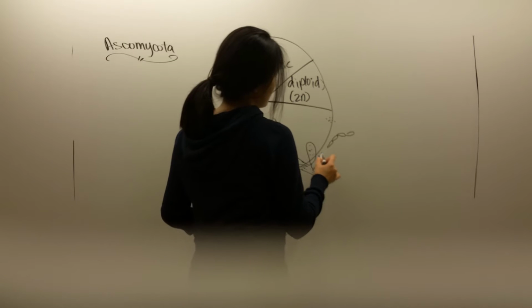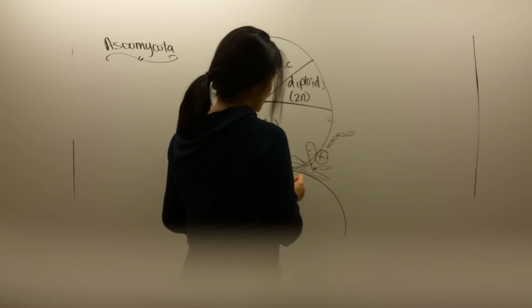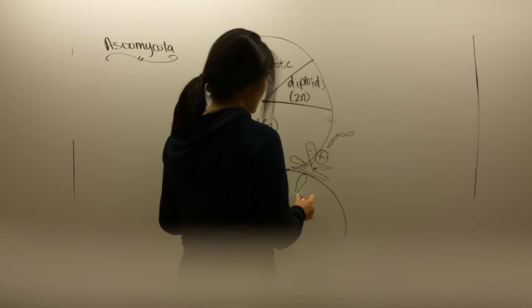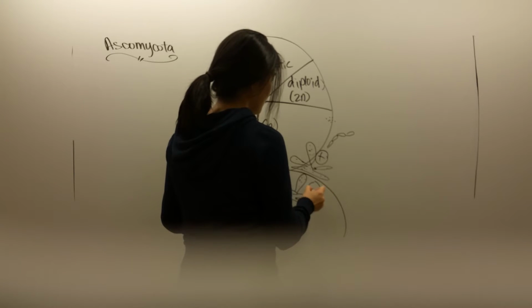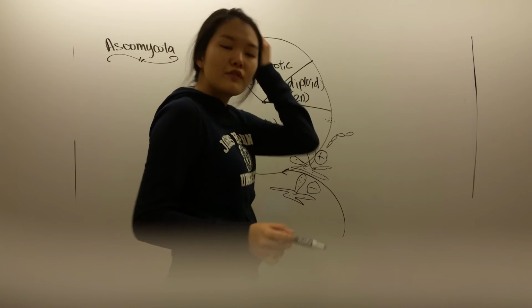If you have a positive mating structure here, let's say a negative mating structure comes in here. The two bulbs come together and fuse.